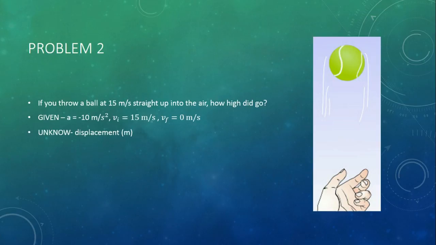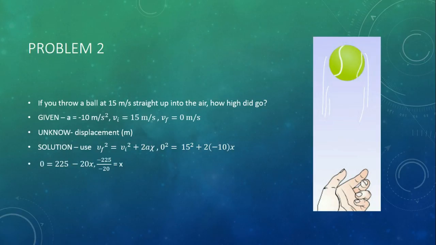So the unknown: we want to find the height, which is a distance, which means we want to find displacement. The formula I would use is the energy formula, because we have final velocity, initial velocity, and acceleration, but we don't have displacement. So we plug in all the information we know and move everything to the other side.